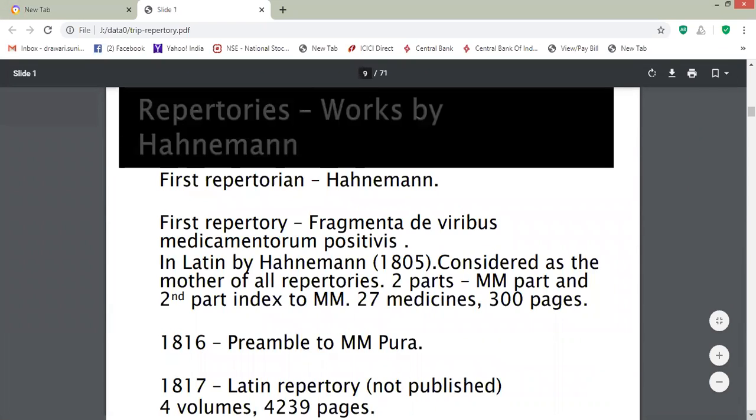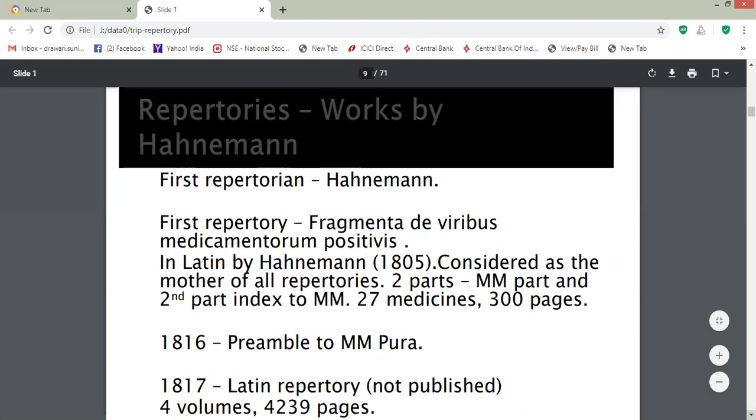The first Repertorian, as the father of repertory, was Dr. Boenninghausen, but the first Repertorian was Dr. Hahnemann, because though his repertory, that is Fragmenta de Viribus Medicamentorum Positivis, has not yet been published till today, it was the first repertory, which was completed in 1805 in Latin.